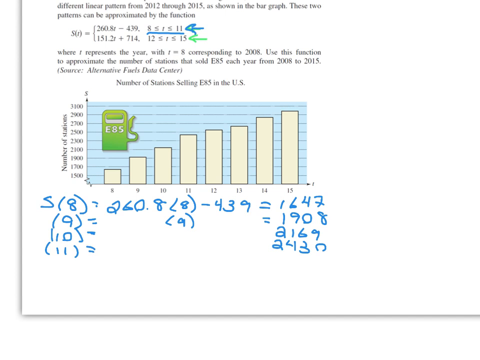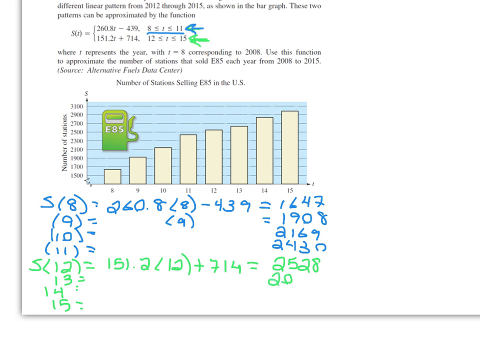All right, when you get to 12, now you're going to use this function, and you're going to do S at 12 is equal to 151.2 times 12 plus 714, and you get 2528, and then you'll plug in 13, 14, and 15, and get 2680, and then you get 2831 and 2982.